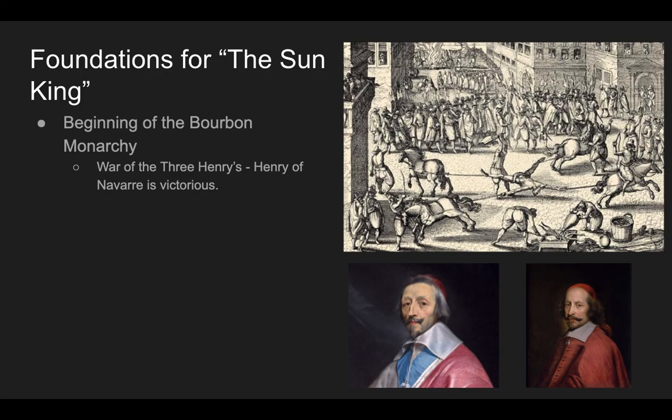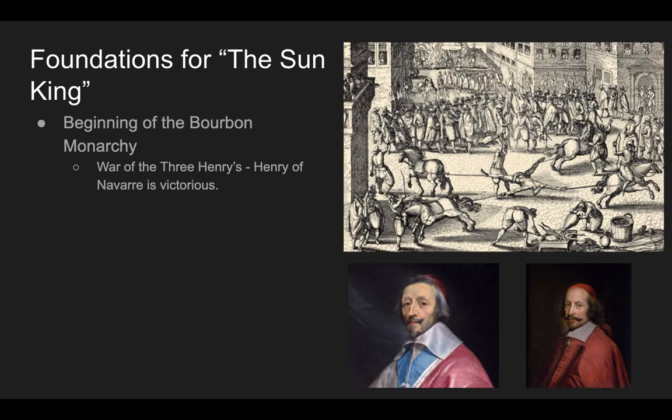This is the first time you don't see the Pope actively engaged and invested in European political events, especially a huge event like the Thirty Years' War that brought in European kingdoms from all over the continent. And so this is the time period where the church is losing its authority outside of Rome, both politically and in some ways even culturally.